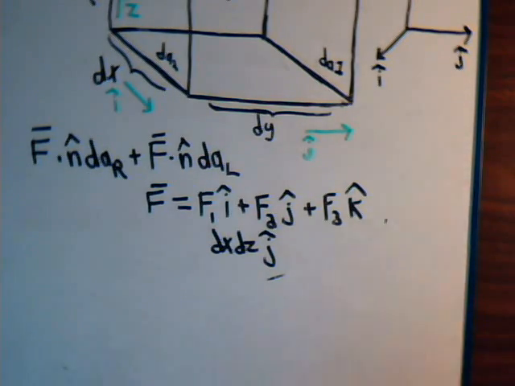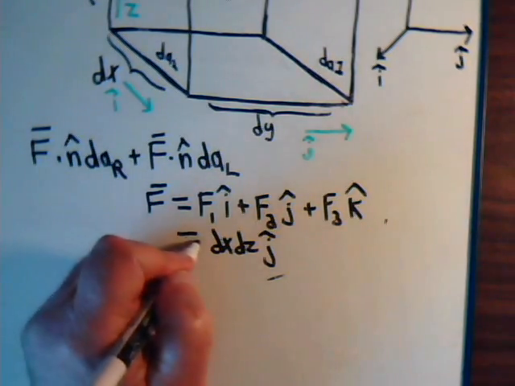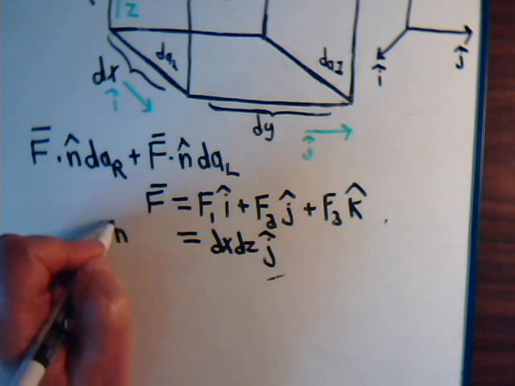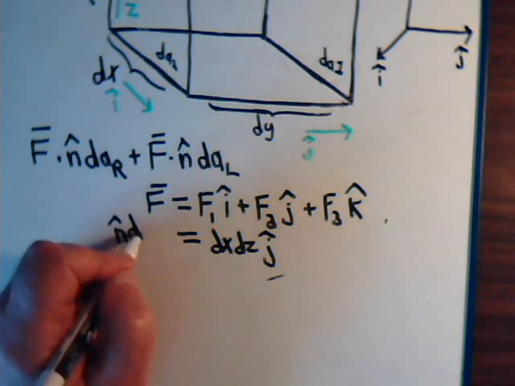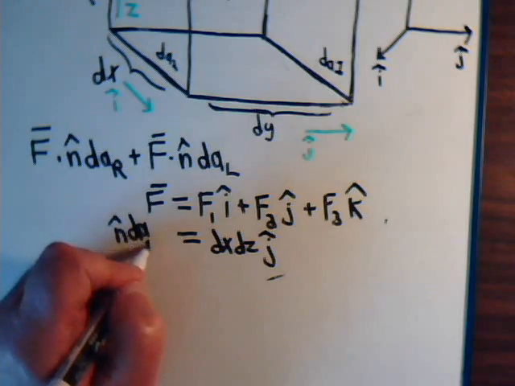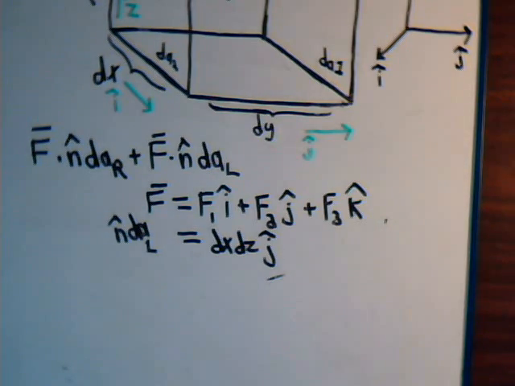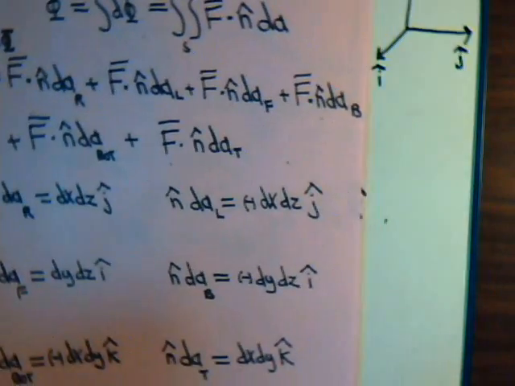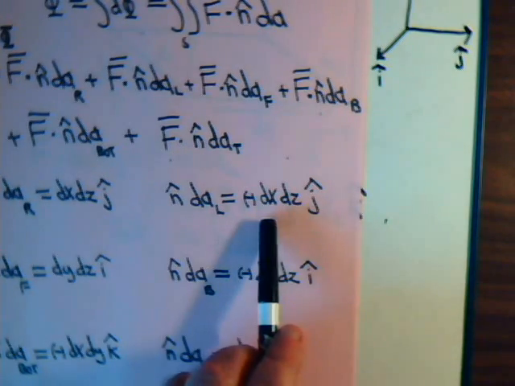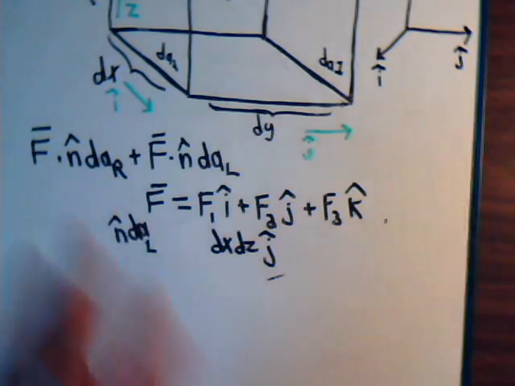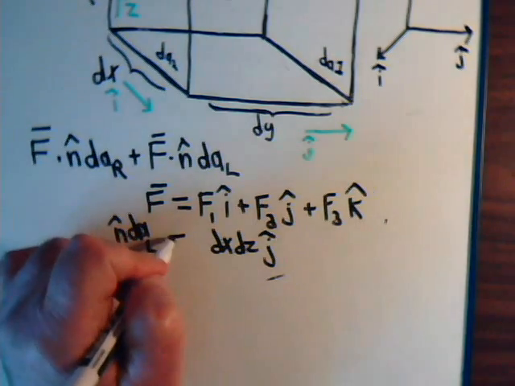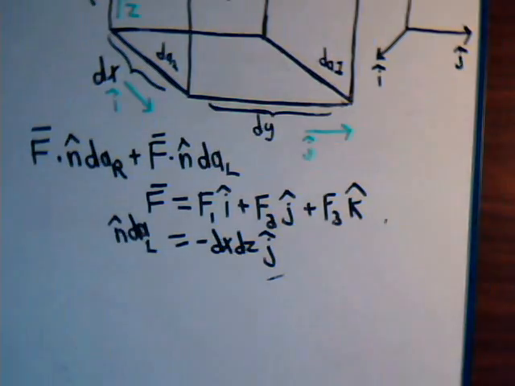Now we want to know dAl. And of course that, as we just showed, is just minus dx dz j. So we have a minus sign here.